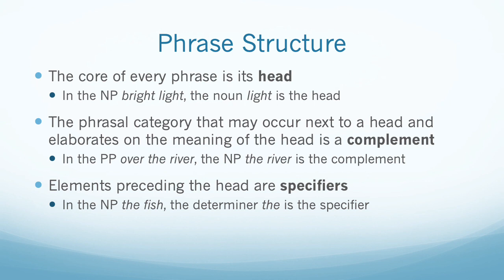A third component that may be there is called a specifier, and these are elements that precede the head, that come before the head of a phrase. In the noun phrase the fish, for example, the determiner the is a specifier. It comes before the head.